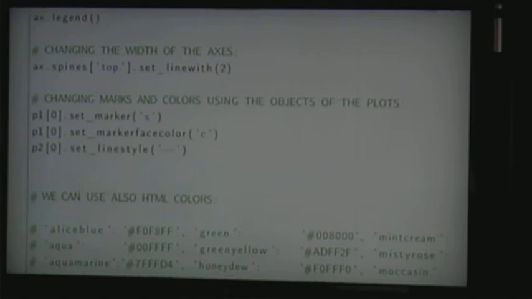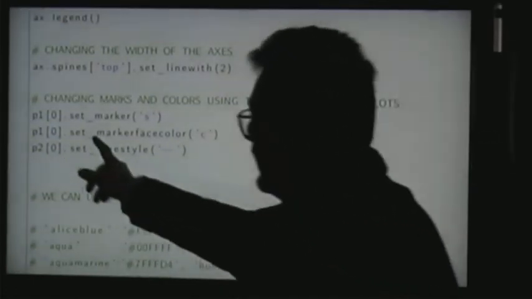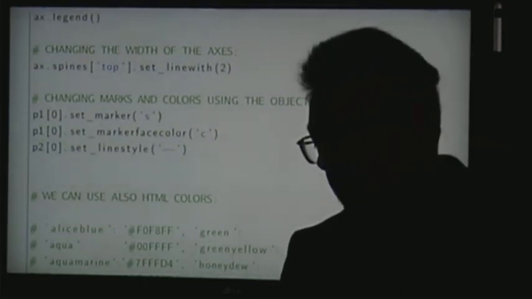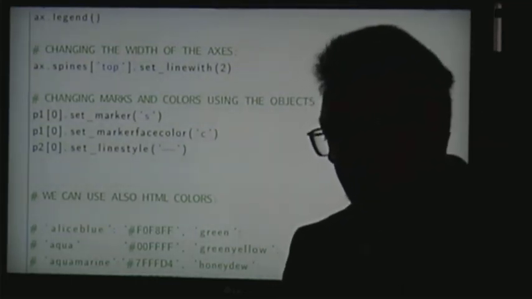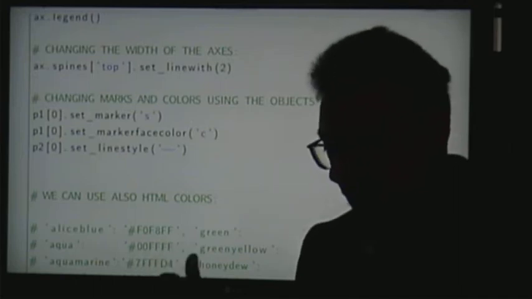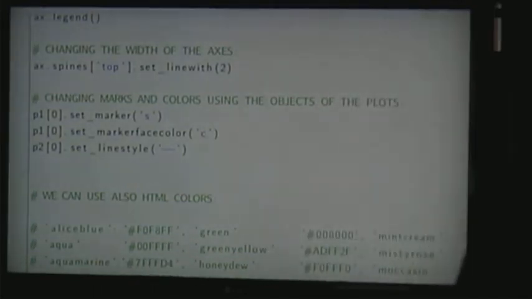So if we want to access the first element of the list, it is p[0]. This is only for plot. For other plotting functions like errorbar, it is not needed because it is directly an object. I don't know why plot's output is a list. For example, errorbar.